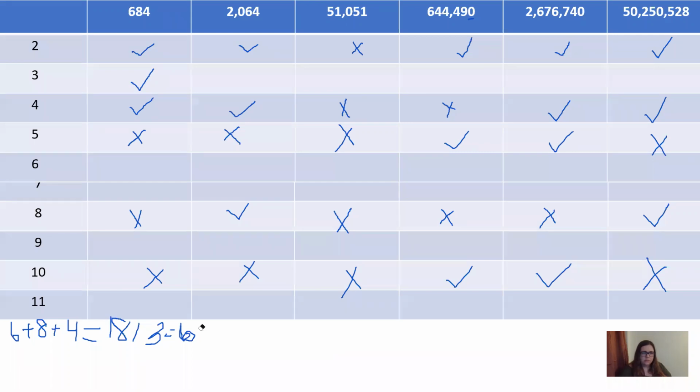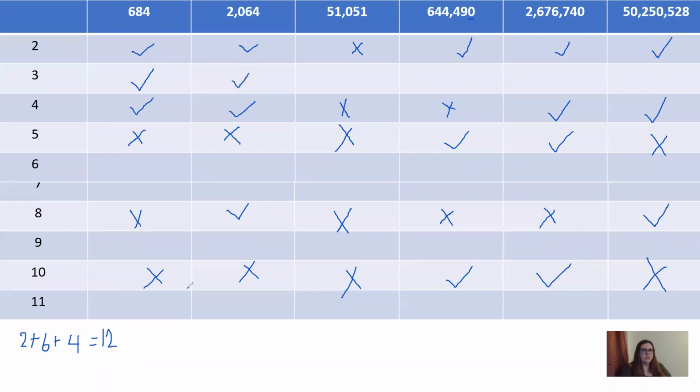Let me clear this one out. I'm going to show you one more, and then I'm going to fill them in. 2064. So we're going to do 2 plus 6 plus 4 equals 12. Okay, so 12 divided by 3 is 4, no remainder.